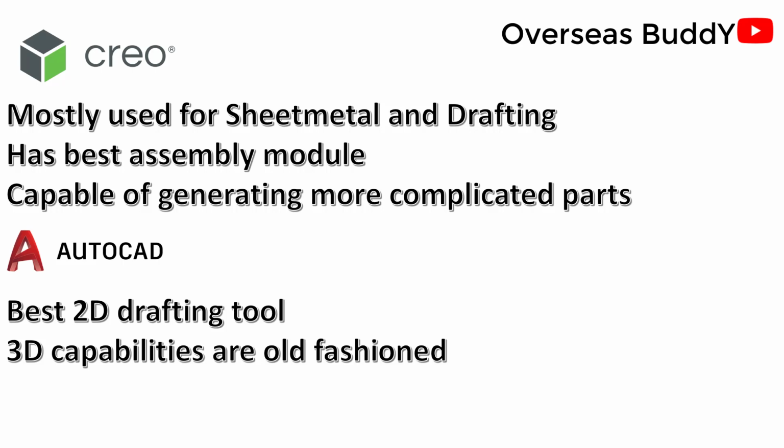AutoCAD is the 2D drafting tool used by most companies, even though its 3D modeling capabilities are old-fashioned. AutoCAD has a user-friendly interface and includes many tools to design complex parts in 2D. Create, edit polylines, curve cutting and many more commands are there that you use in AutoCAD.